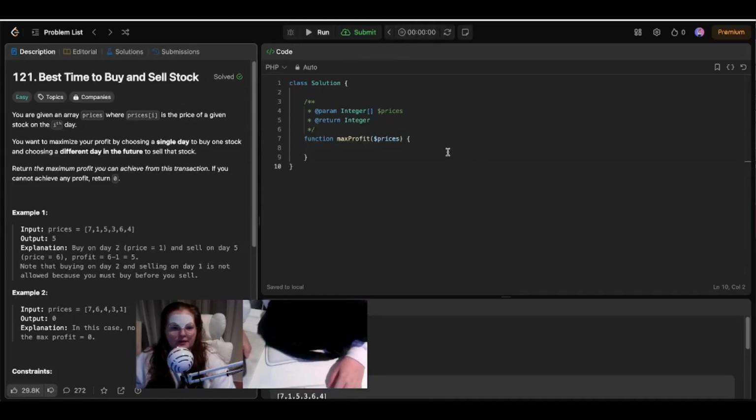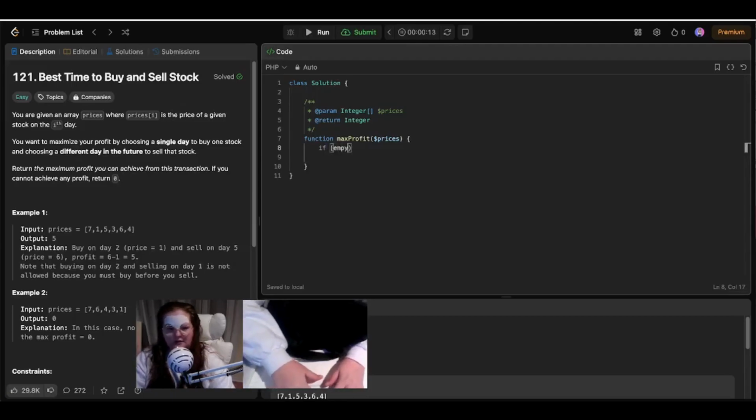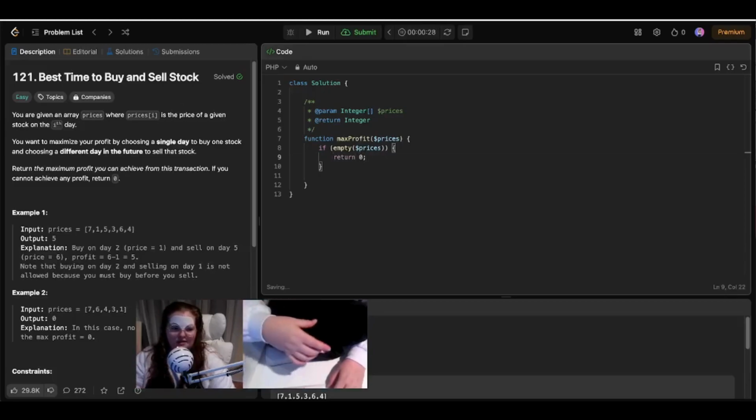So, PHP, I have to do if empty, and then prices. Then I open that up and do return 0. So I'm going to do that same logic. That's if there's no transaction that can be done for maximum profit, then we're just returning 0. What next?